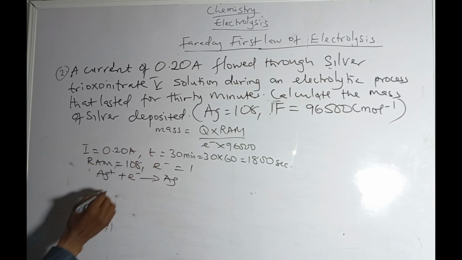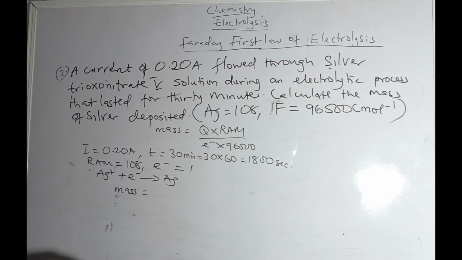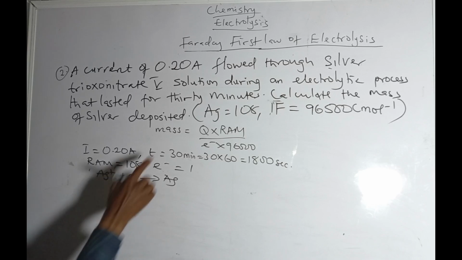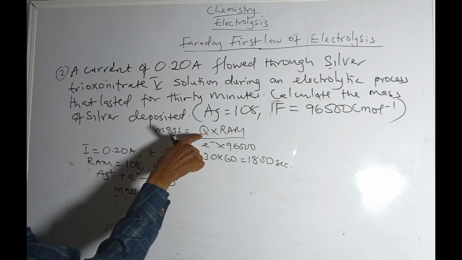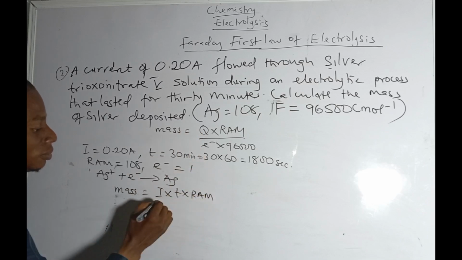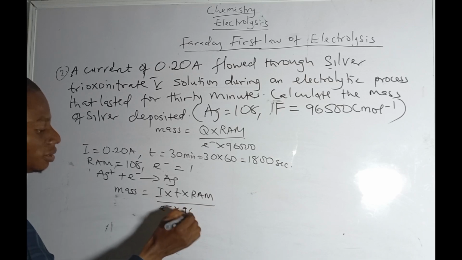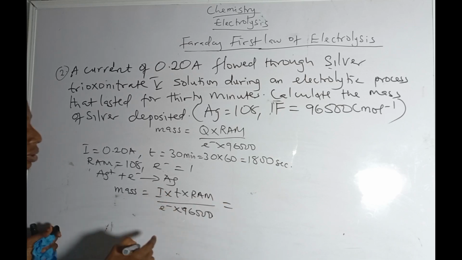So let's substitute into the formula now. Mass equals Q, which is I times T, times RAM, over E minus times 96500.